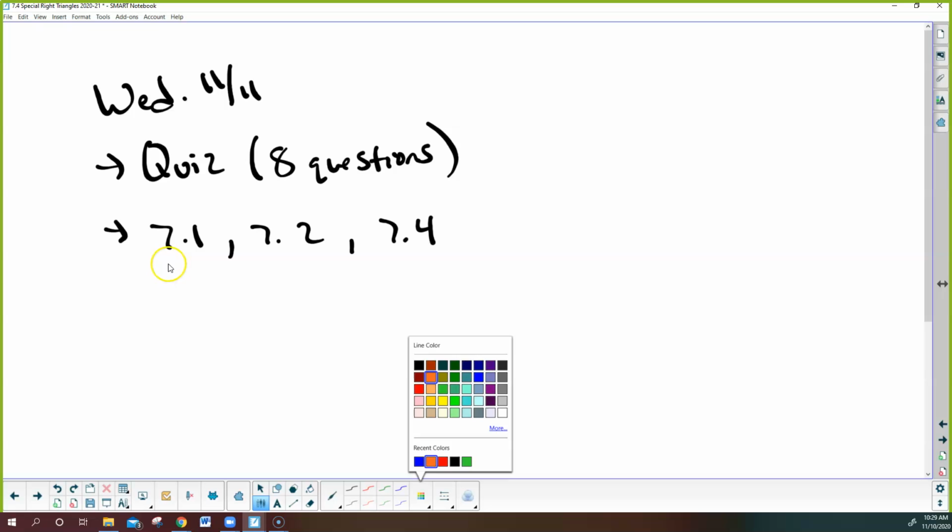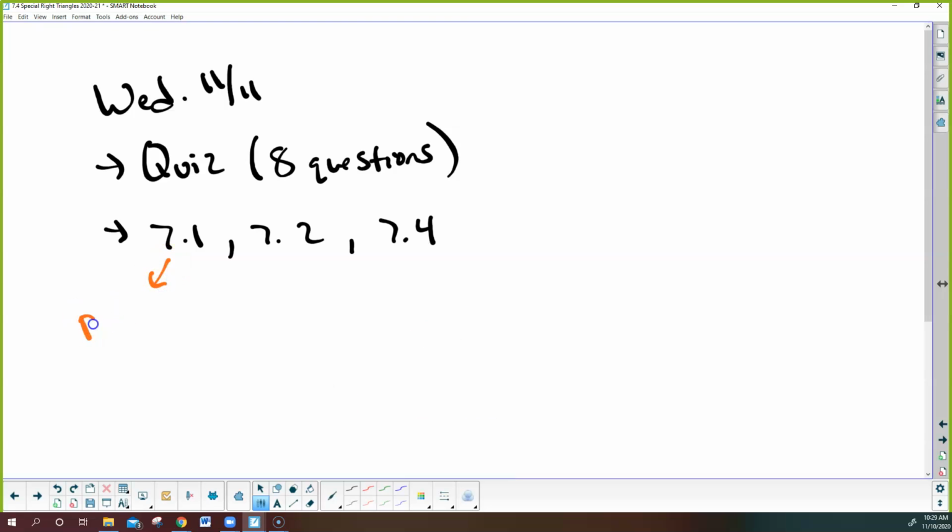So what are those topics? Topics are the Pythagorean theorem, which is just c squared equals a squared plus b squared. 7.2 was the converse of the Pythagorean theorem.